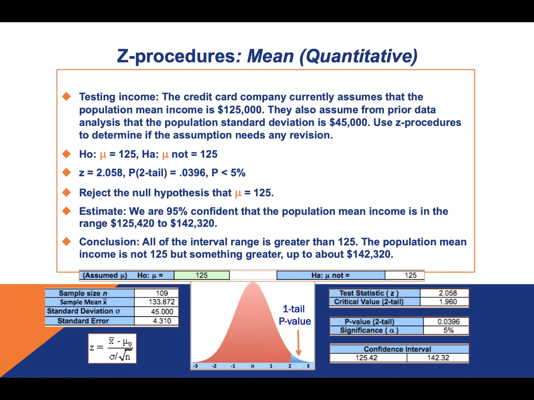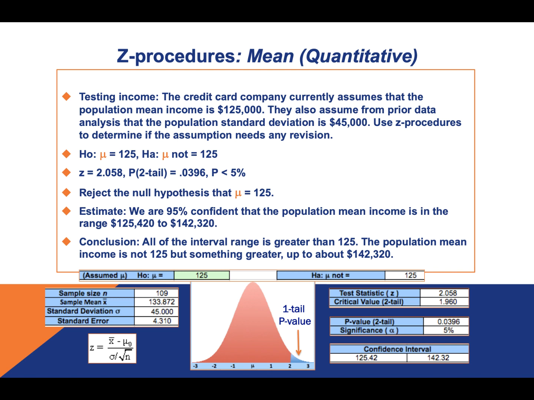For example, testing income. The credit card company currently assumes that the population mean income is about $125,000. They also assume from prior data analysis that a good estimate of the standard deviation is 45,000. Let's follow our steps for running a z-test.